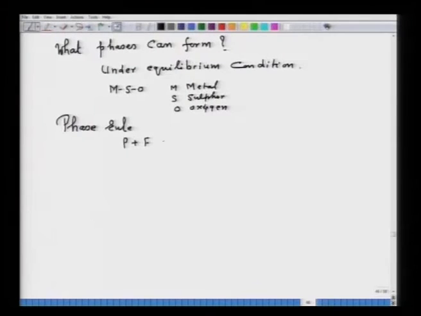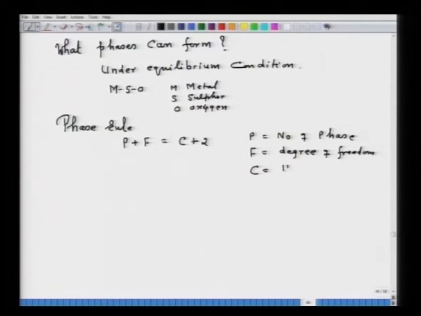so that a particular phase forms, this information can be obtained by the phase rule, and in the phase rule we have P plus F equal to C plus 2, where P is the number of phases, F the degree of freedom, and C the number of components.